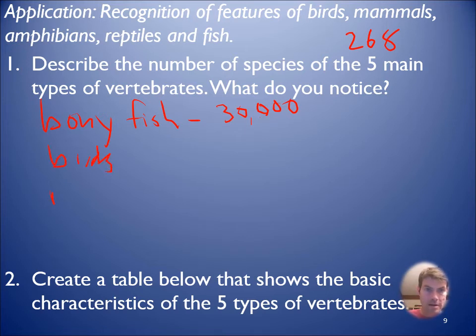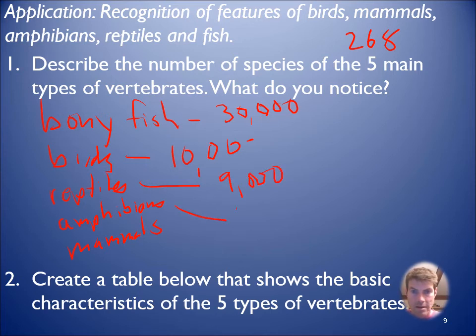And I think it's reptiles, amphibians, and then mammals, which we belong to. How many species of birds? 10,000. And I think there's 9,000 reptiles. Sorry, get it kind of 9,000. 6,000 amphibians. 5,700.